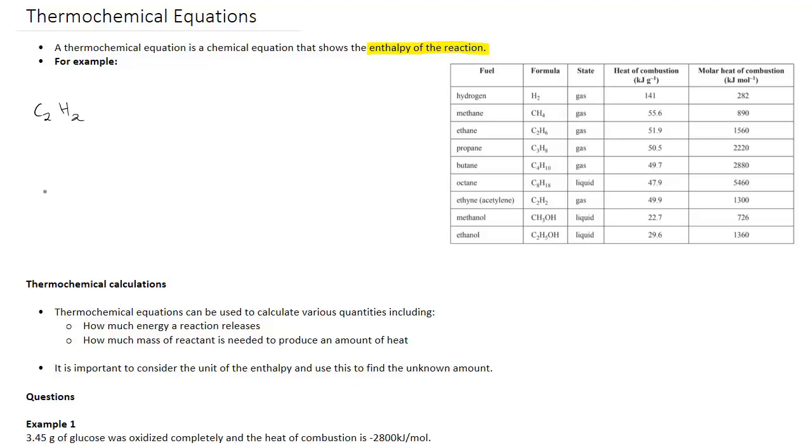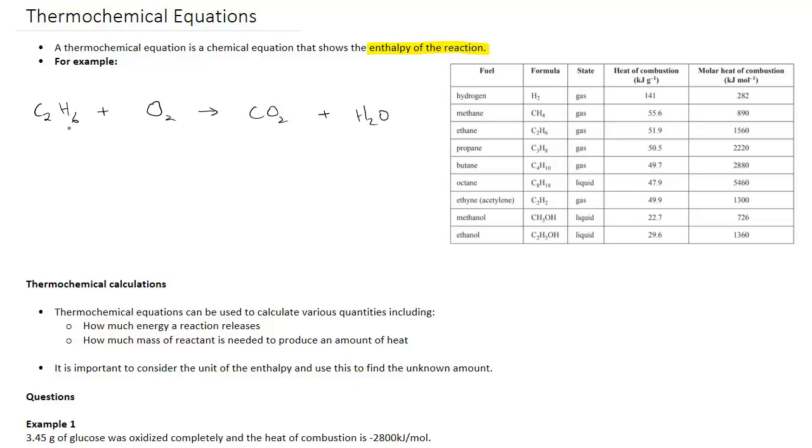That's meant to be a 6. Plus oxygen gives us carbon dioxide and water. So now we have to balance the carbons.